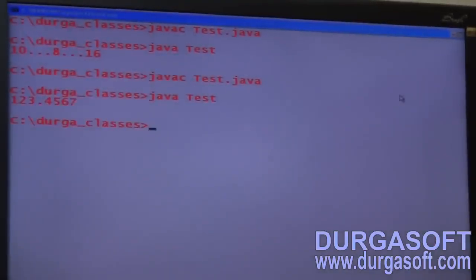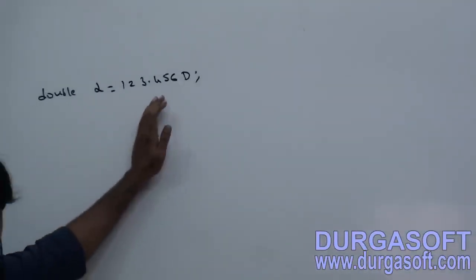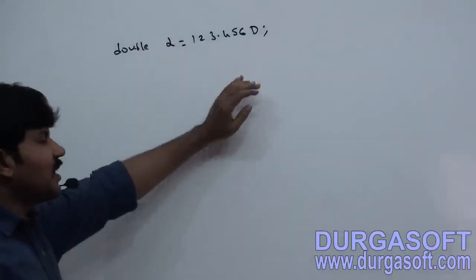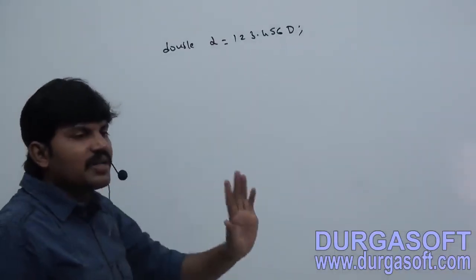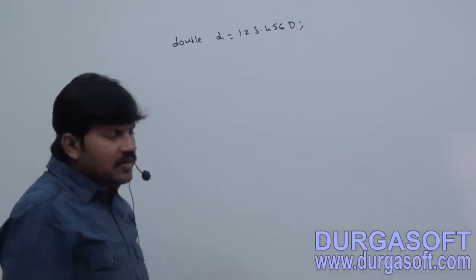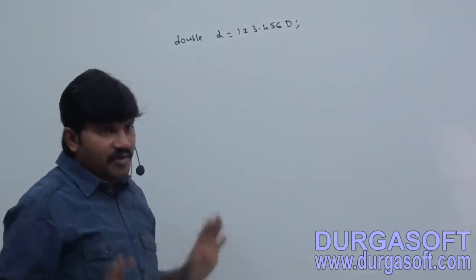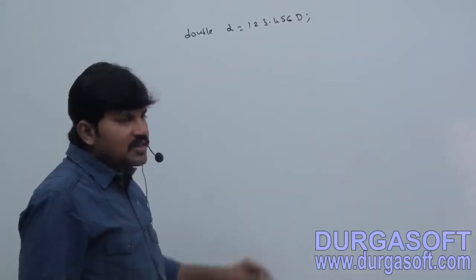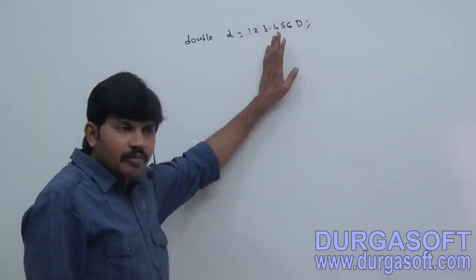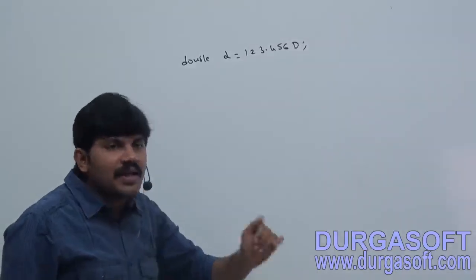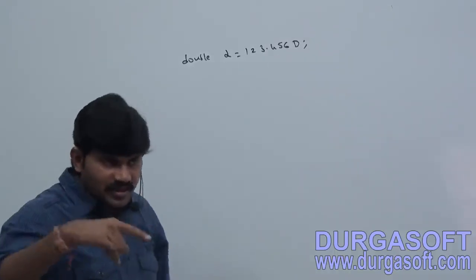Happily it prints 123.4567. So every floating point literal is by default double type, but we can specify it explicitly as double by suffixing with a small d or capital D. Of course, this convention is not required, because by default it is already double type, but still this convention is there.